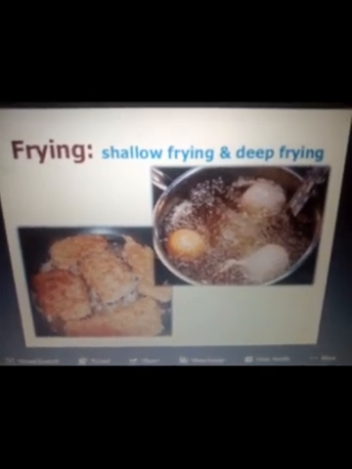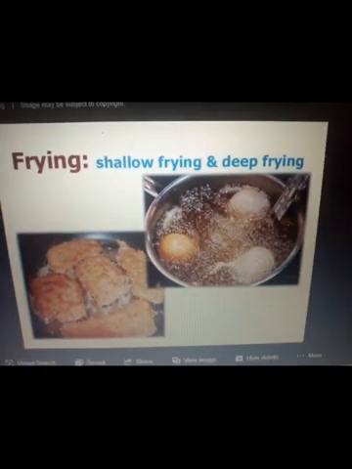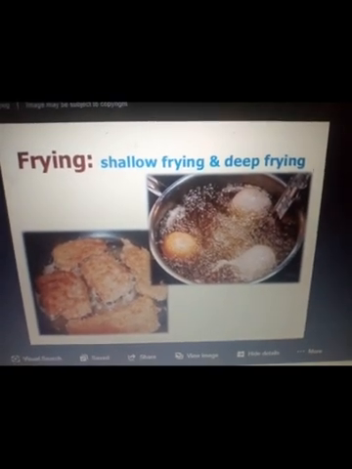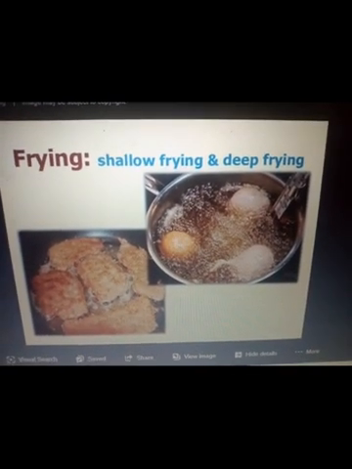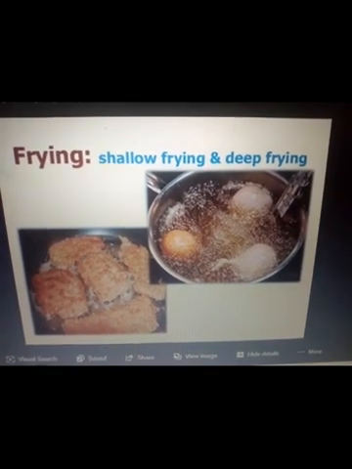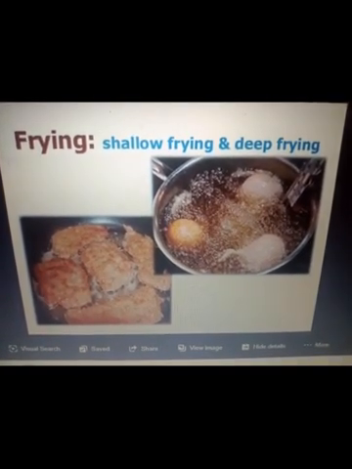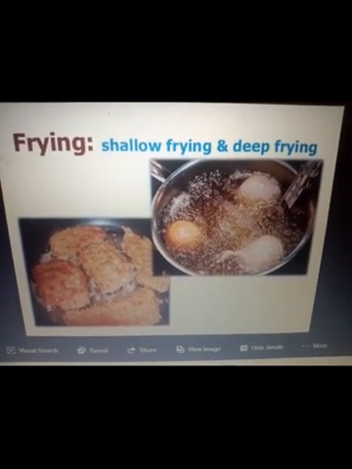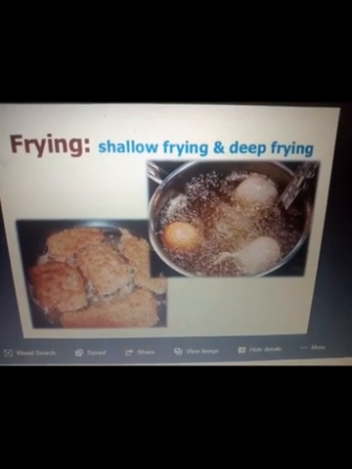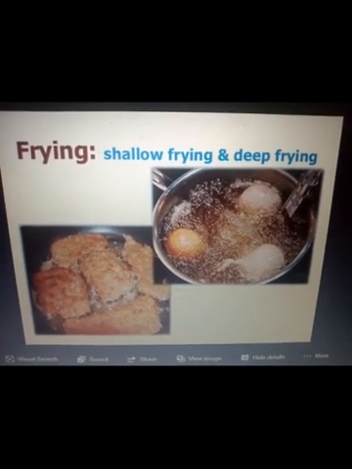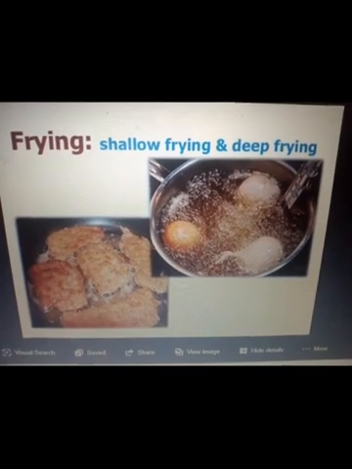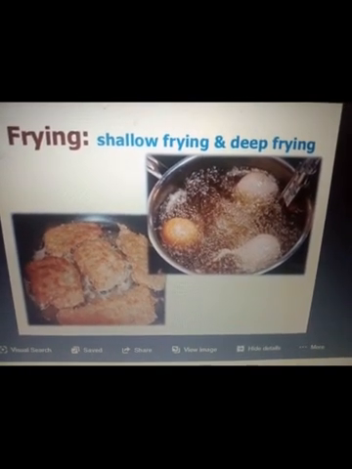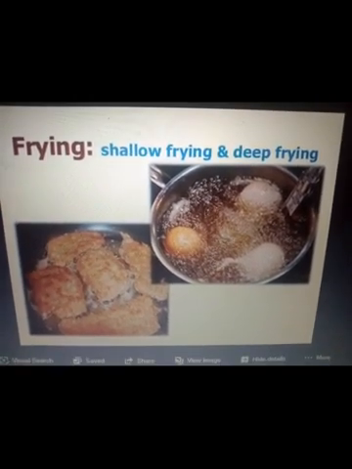Frying is of 2 types, shallow frying and deep frying. Now the question arises, what is shallow frying and deep frying? In shallow frying, the food is cooked using a small amount of oil.